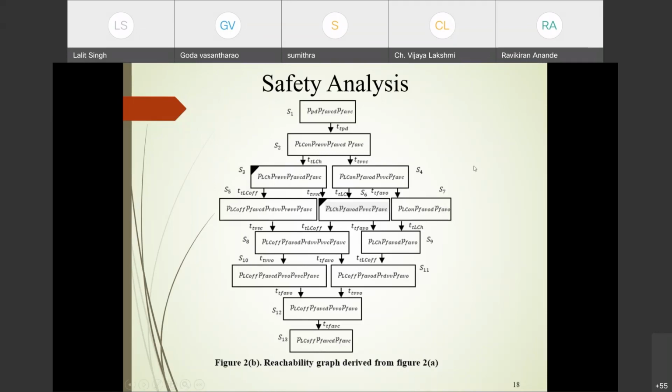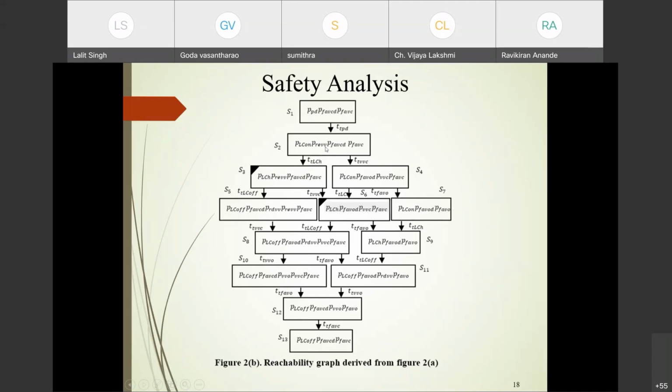Now, similarly, if you look into the S6 state, we can see it is coming from 2 states, that is S3 and S4. And we have already devised a remedial action to avoid S3, so there will be no possibility to confront this S6 state from S3. It can only come from S4. And from S4, it is leading to 2 different states, that is S6 and S7.